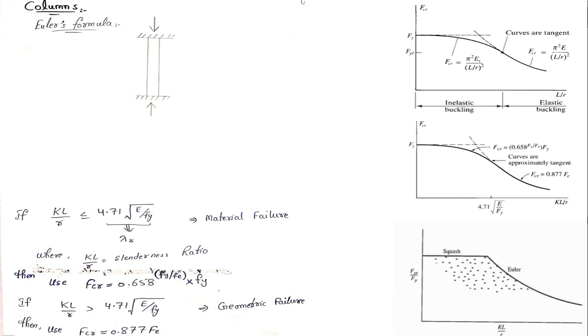You also studied the modes of failure of columns, and the two major modes of failure were material failure and geometric failure. So you can watch the previous lecture to recall some of the basic concepts.